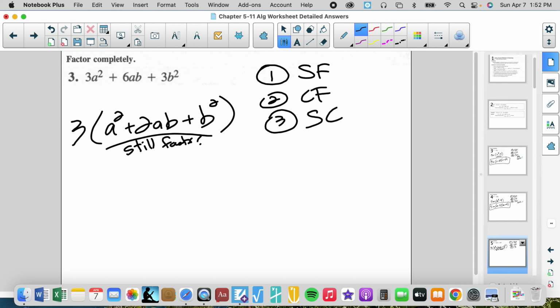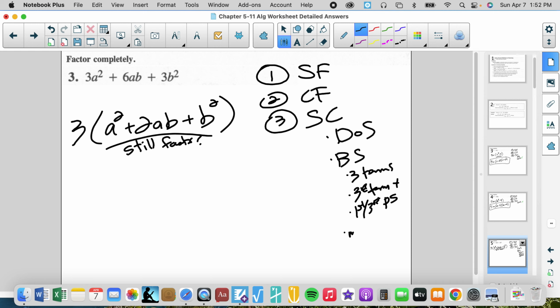So special cases. Our first was difference of squares. No, this has three terms. Binomial squares. Does it have three terms? Three terms, yes. Is the third term positive? Yes. Are the first and third perfect squares? Yes.